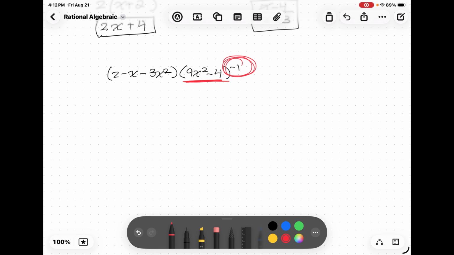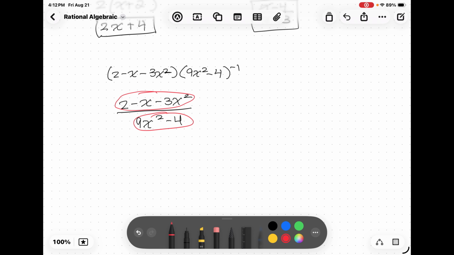The -1 is applying to the factor 9x squared minus 4, which means that this is equivalent to 2 minus x minus 3x squared over 9x squared minus 4. No factors, just that and that. Let's see. I'm going to rearrange the numerator.